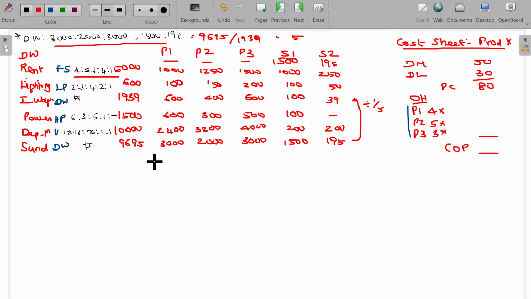So, find out the total value. Overhead as per primary distribution, total being 30,000.